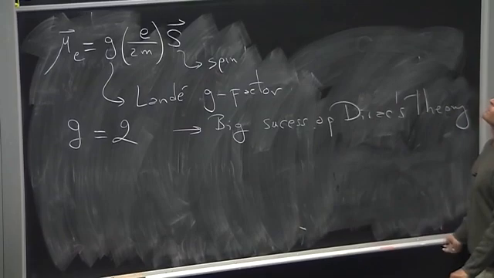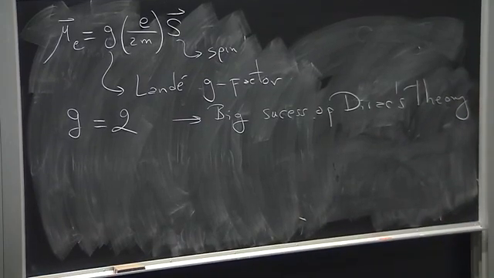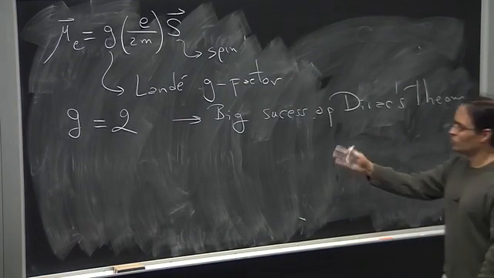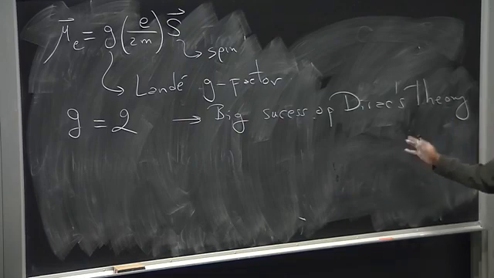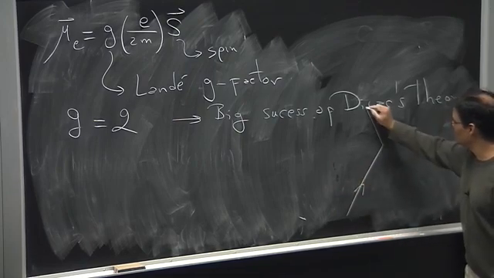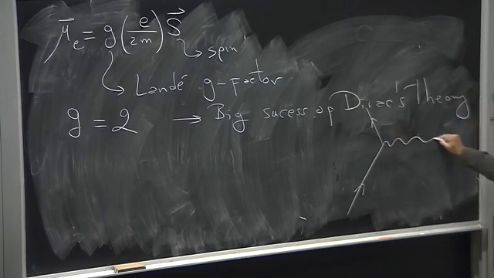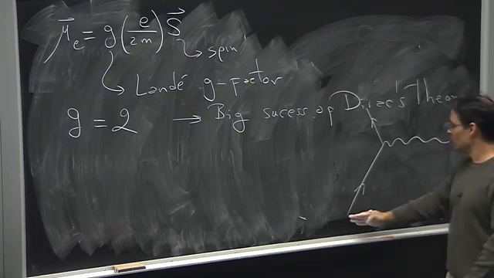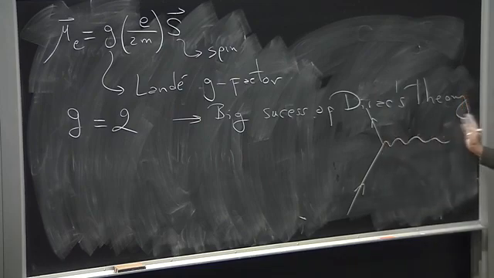Now, how do you actually compute this thing? Well, you do it by computing Feynman diagrams of an interaction that looks like this. You have an electron coming and interacting with our photon field. Of course, the magnetic field is nothing but a photon field. So our electron interacts with some background photon field.